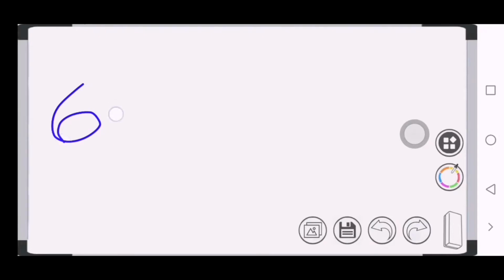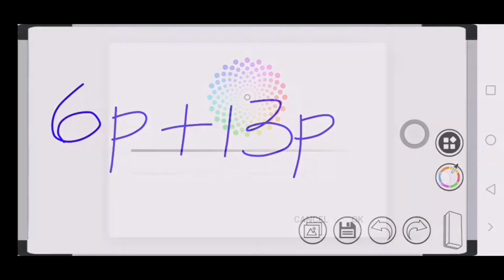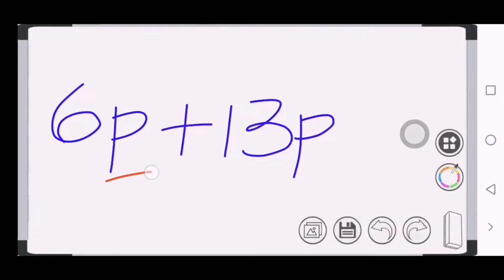If we write 6p plus 13p, we see that all the variables are again the same. We have a p and a p. So our final answer is definitely going to be in a p.